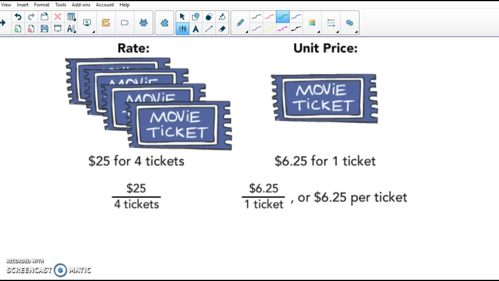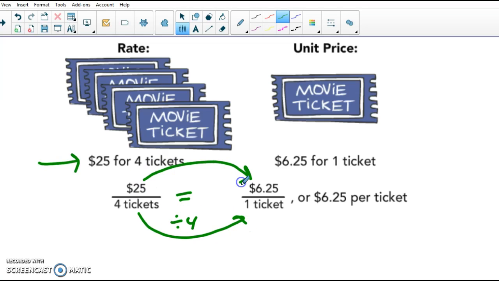So if I'm buying movie tickets at a rate of $25 per 4 tickets, I can write it as a rate. As a unit price then, I can figure out by dividing the top and bottom by 4 that it would cost $6.25 per one ticket.